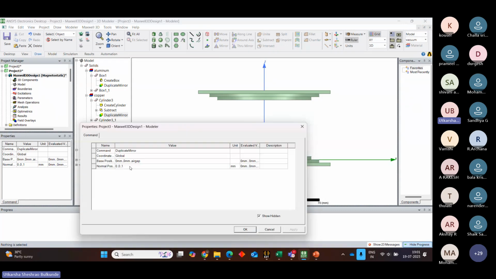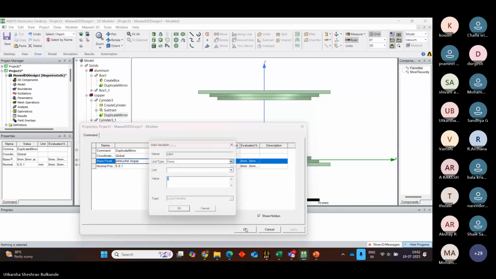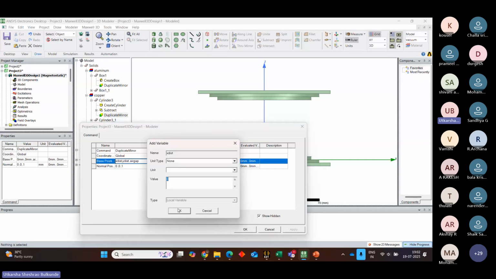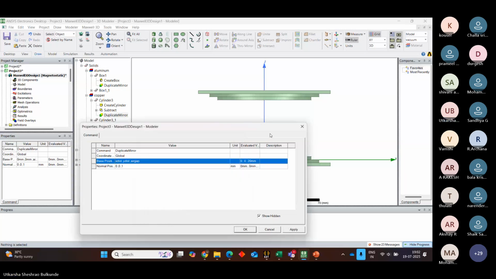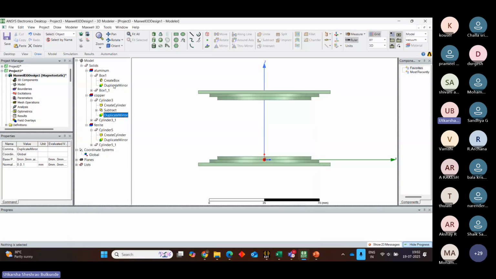So in that case, parameterize all the positions. Here now you have kept 0, 0. You can just keep one parameter here like X distance, Y distance, something like that. I'll just show you. Instead of 0, 0, we can just change it to X distance, Y distance. You can keep any parameter for now, 0.